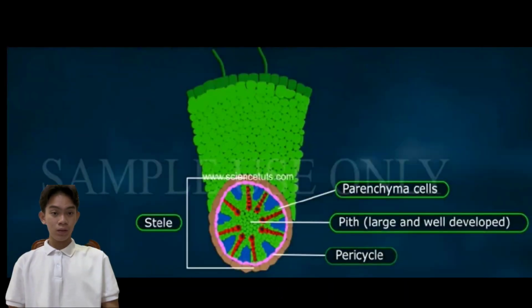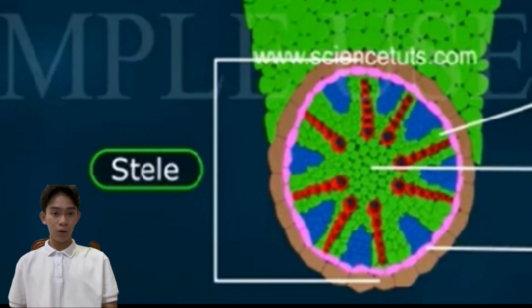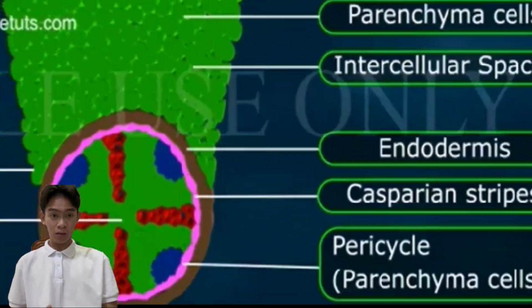Vascular tissue. Vascular tissue transports water, minerals, and sugars which are distributed to the different parts of the plant. Stele. Stele is arranged in the inner portion of the root. Casparian strip.